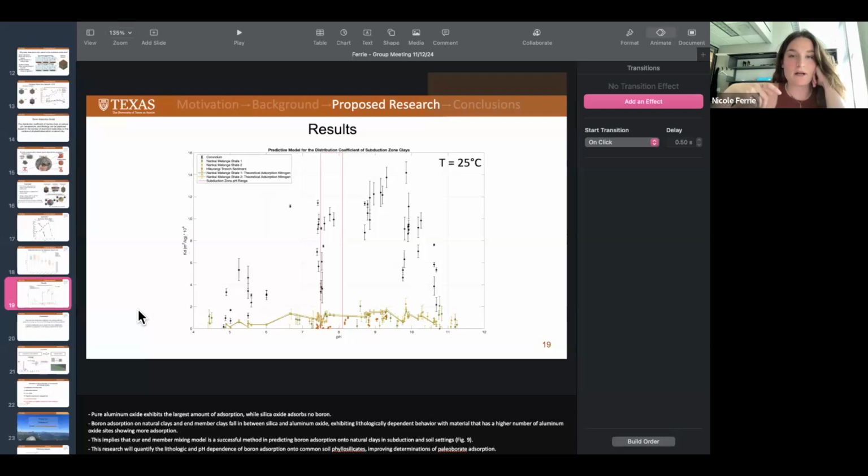And so we are now doing big batches of material, prepping one batch at a time, characterizing it, and then using that for boron adsorption experiments. So theoretically, or what I hope is going to happen, and I'm going to see from these results, is that the trends are going to be a lot cleaner and there's going to be a lot less noise.